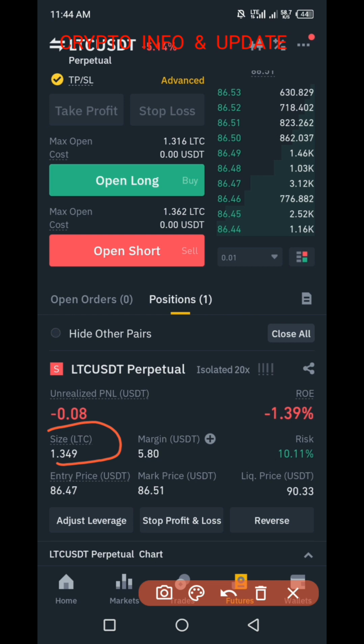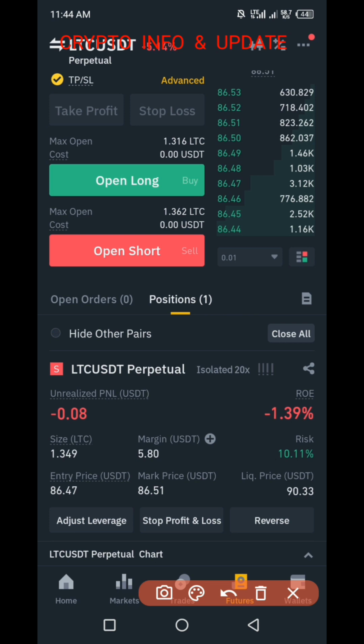This shows you the concept of dollar cost averaging being played out. How? By having multiple entry prices. In this case, the initial entry price was 86.43, and remember we are taking a short position.